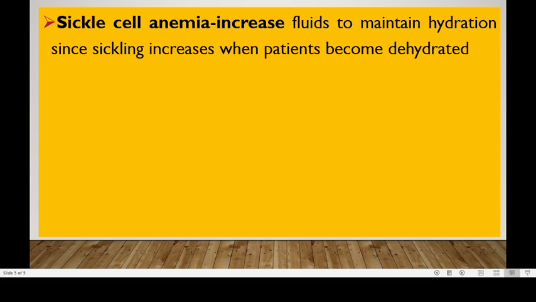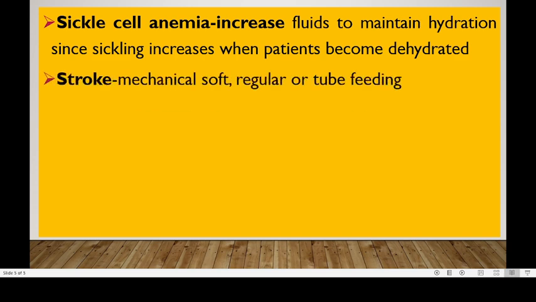Sickle cell anemia: in patients with sickle cell anemia, you increase fluids to maintain hydration, since sickling increases when patients become dehydrated. Increase the fluids, 2 to 3 liters per day.